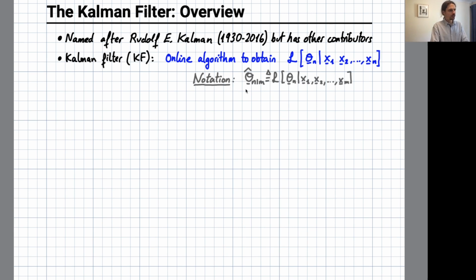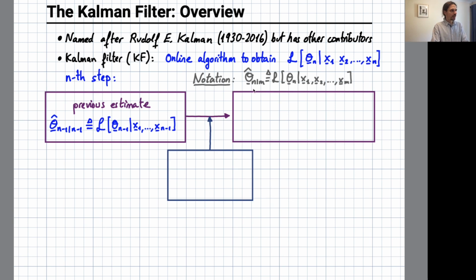Let's introduce this notation, theta hat with two subscripts. This indicates the LMMSE estimator of theta n with data up to time n. The idea is similar to the sequential LMMSE estimator that we derived in the first part of the lecture.